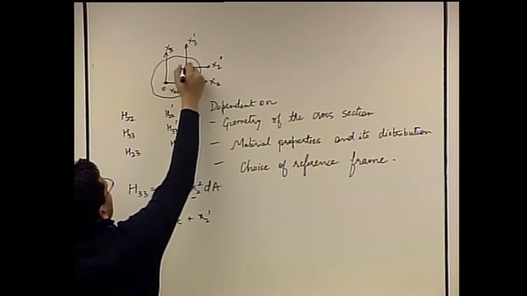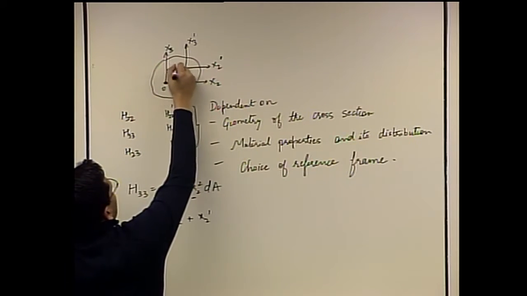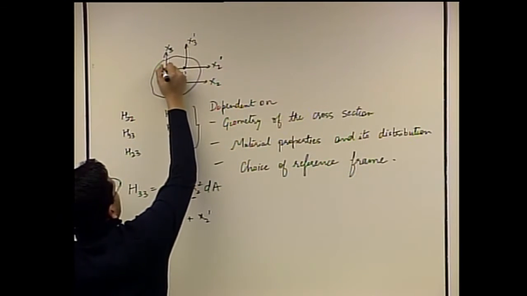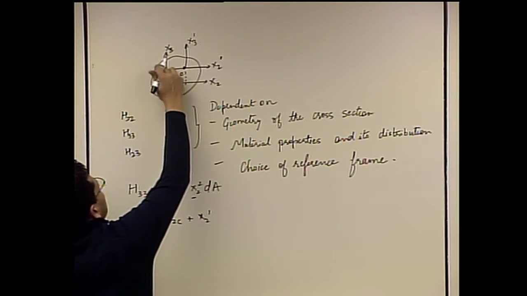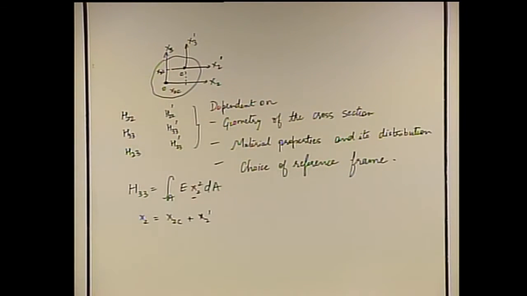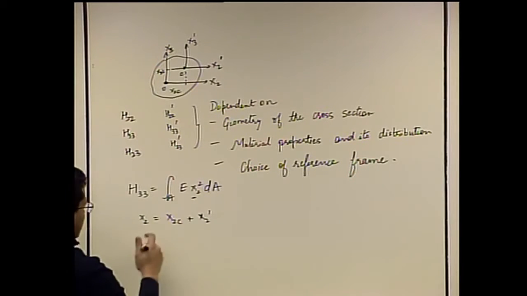So from the origin, the coordinates of the centroid are x2c and x3c. So I'm representing x2 in terms of the frame of x2 prime and x3 prime. So I'll substitute this value in that expression.